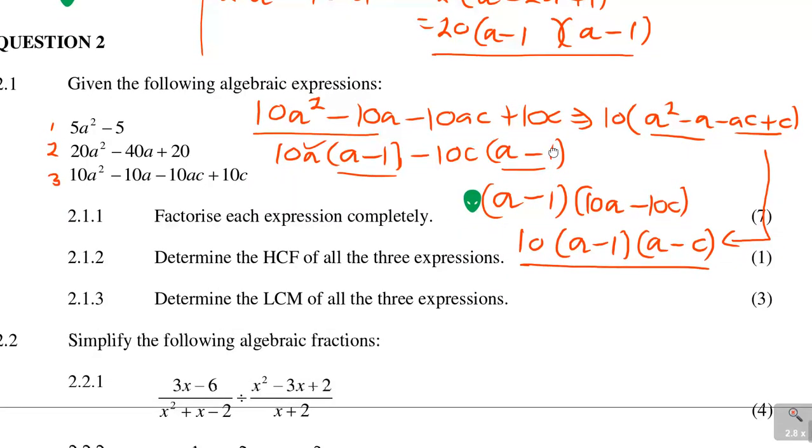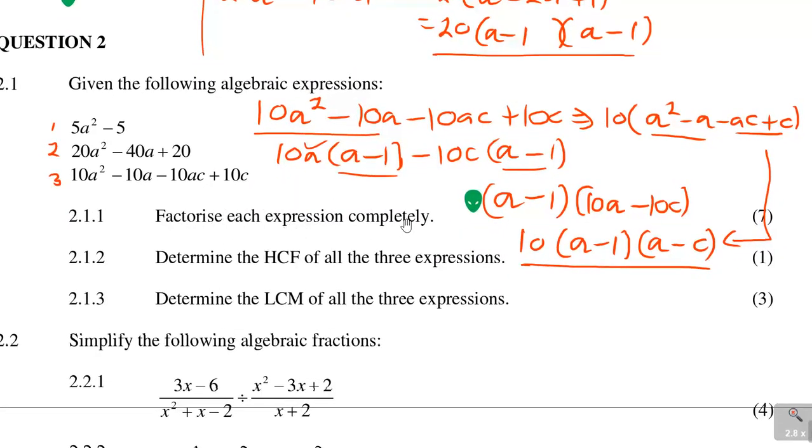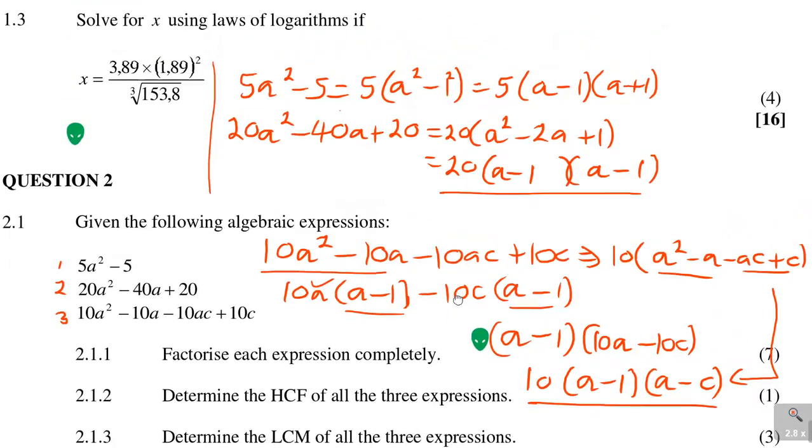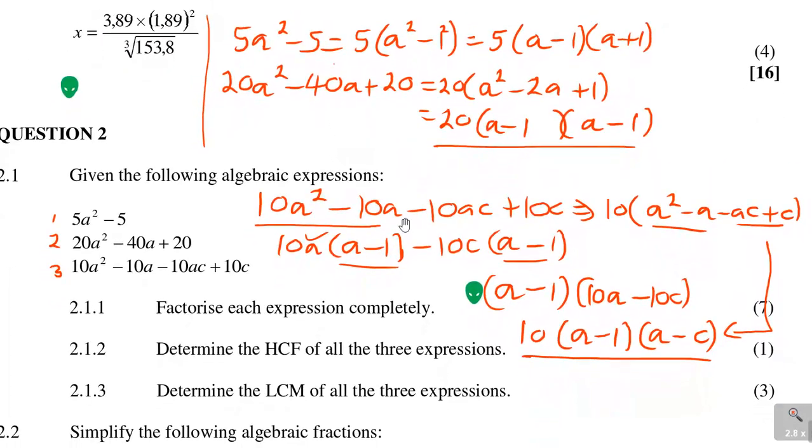Question 2, when they say factorize each expression completely. 2.1.2 says determine the highest common factor for all the 3 expressions. Now when you want to find the highest common factor, it is the one that appears in all the 3 expressions 1, 2 and 3. So you check which one appears in all the 3. Start with the number.